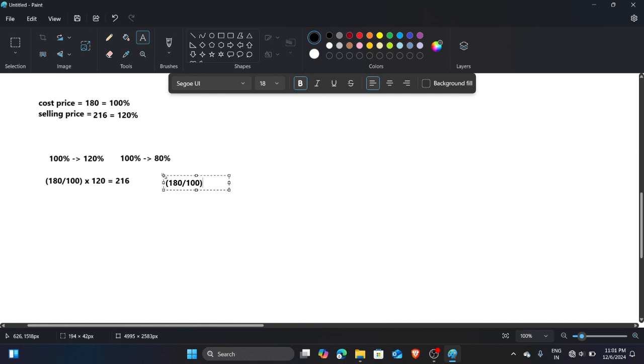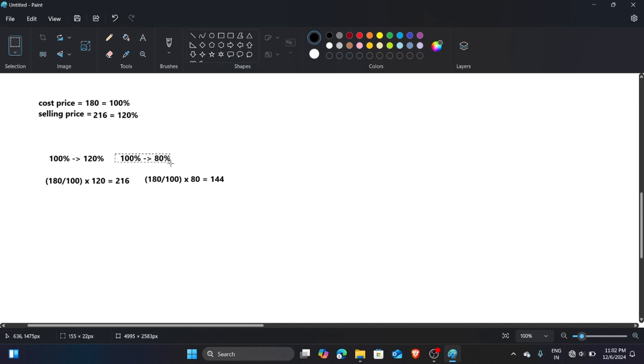Here we are doing the same thing which we did previously. I think 144 could be the answer. Yes, this could be the answer when he got a loss of 20%.